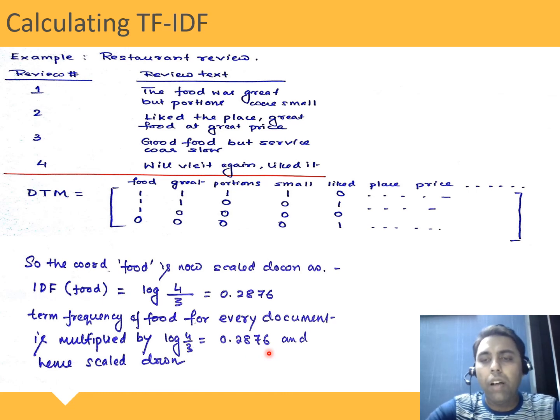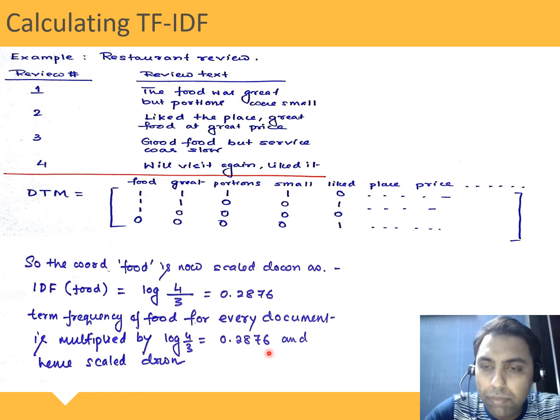So I hope that illustrates fully how the inverse document frequency scales up or scales down the term frequencies of different words, depending on whether the word is abundant in the data or rare.